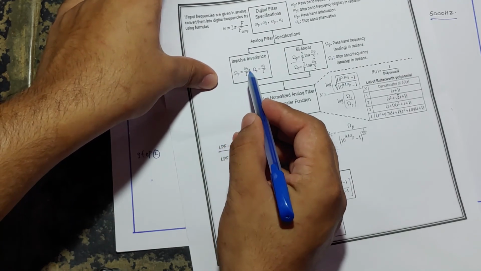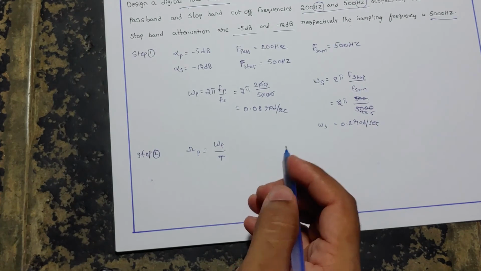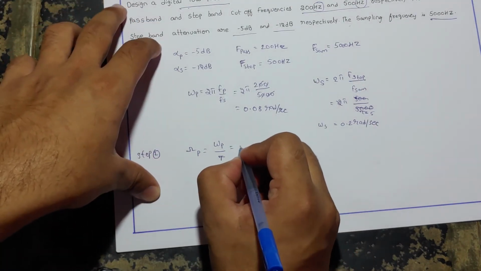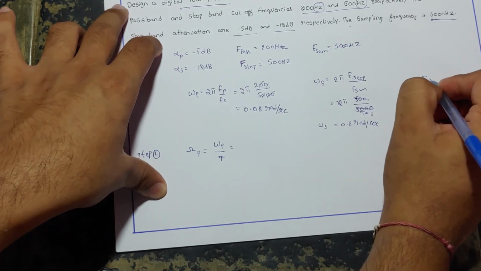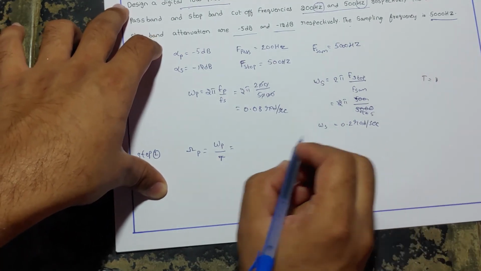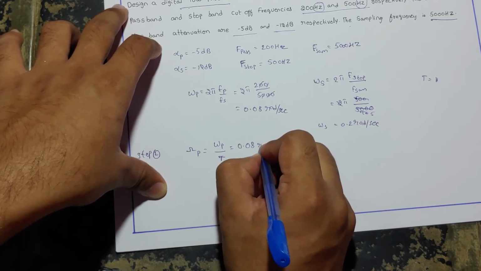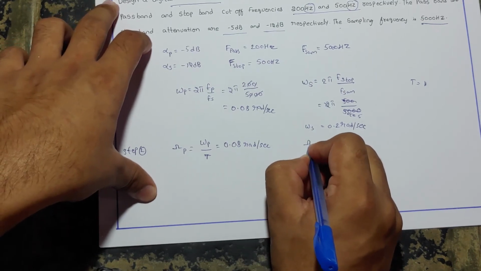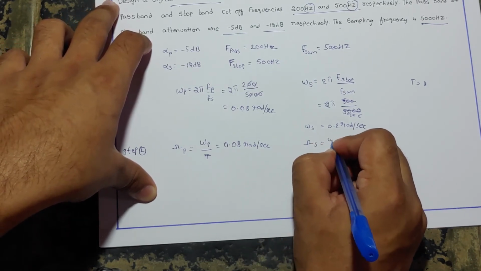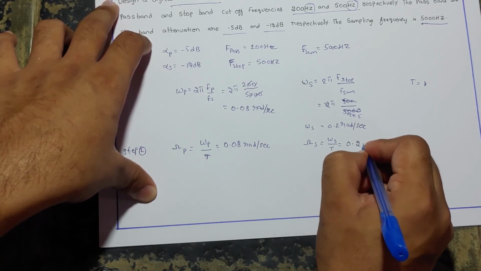Omega p is equal to Wp by T and omega s is Ws by T. Here T is not given, so let us assume that T is equal to 1. So omega p is equal to 0.08 by 1, which is 0.08 radians per second, and omega s is equal to Ws by T, which is equal to 0.2 radians per second.